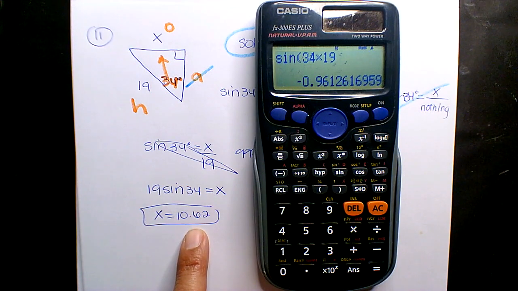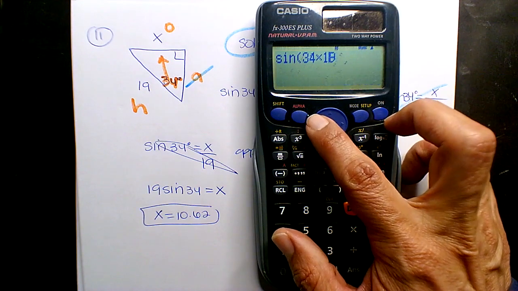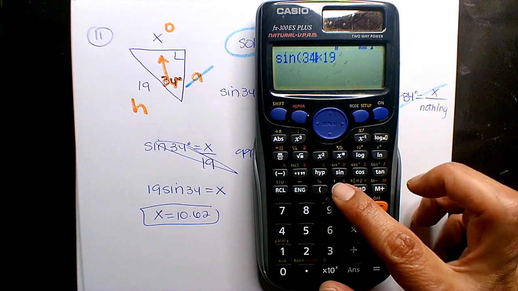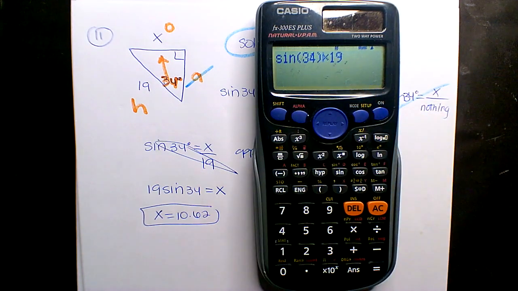So this is where you have to practice with the calculator. Here's the problem. You had to have closed the 34 degrees. What you told the calculator to do is take the sine of 600, 700 degrees. It did 34 times 19 degrees, and then it took the sine of that.